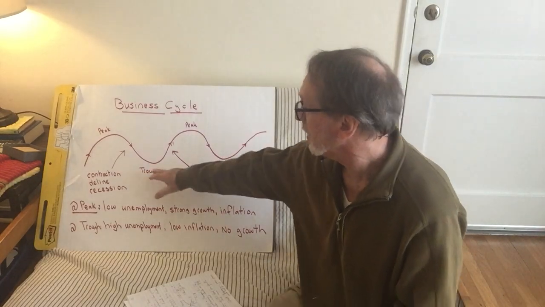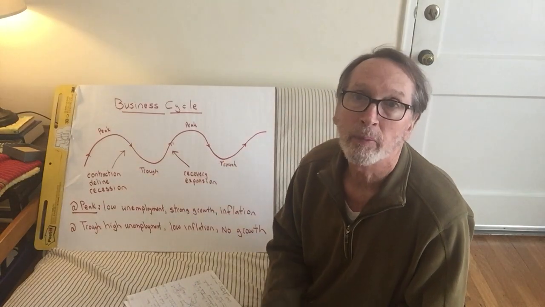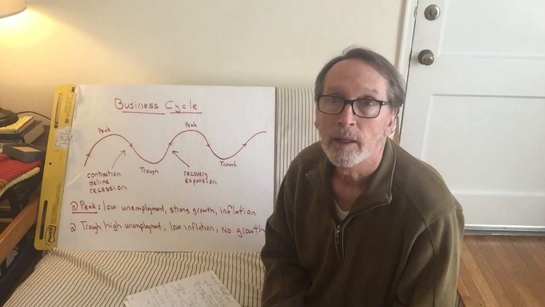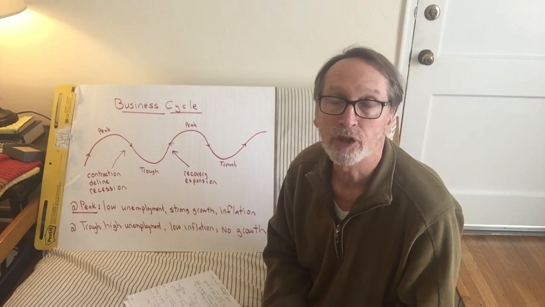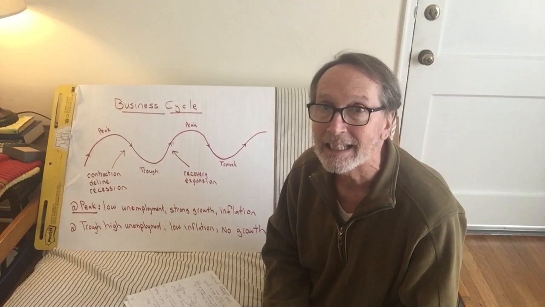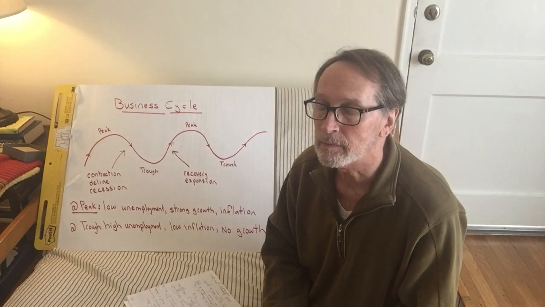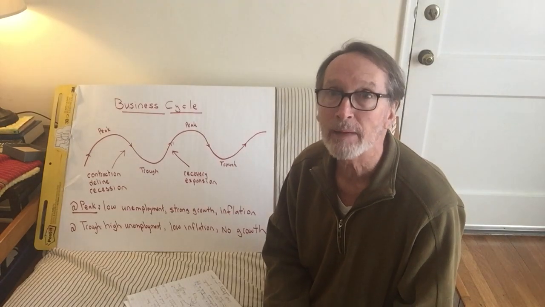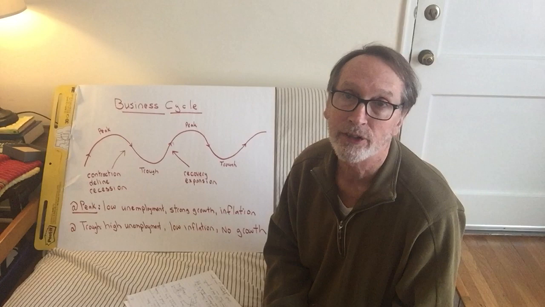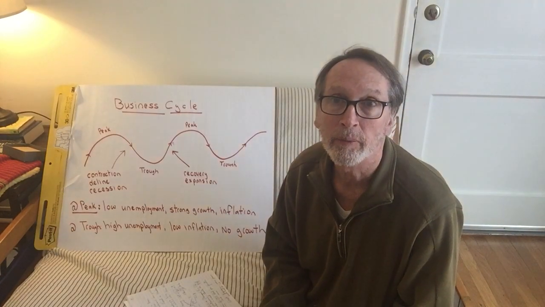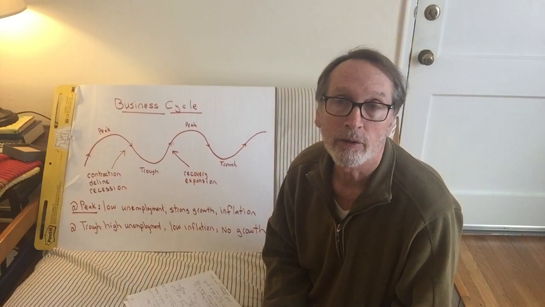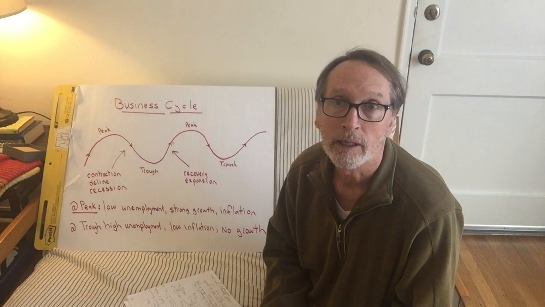And then at the trough, at the bottom of the business cycle, the problem is unemployment, right? The economy is so slow, people get laid off from jobs, kind of like what we're experiencing now, that people don't have jobs. Inflation is not a problem. Prices are going down. If you've seen gasoline prices or some other costs recently, they've gone way down.